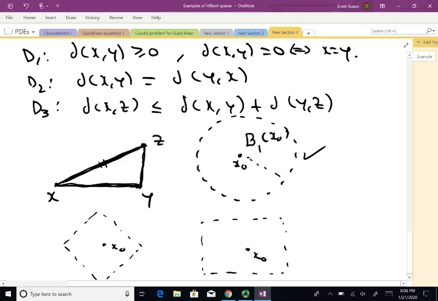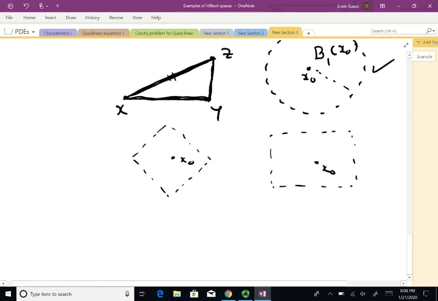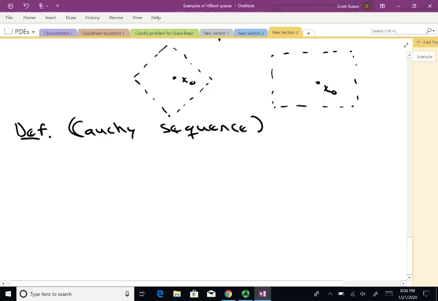Okay, so to finish this introduction of definitions, the last thing we need is the definition of a Cauchy sequence. In your calculus 2, you saw different examples of sequences, right?